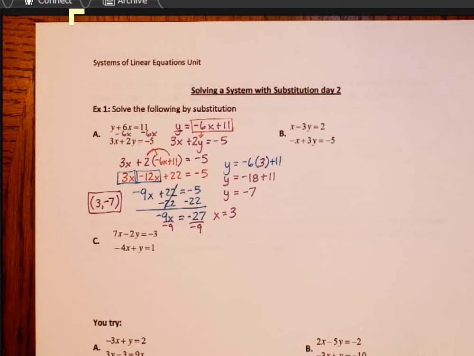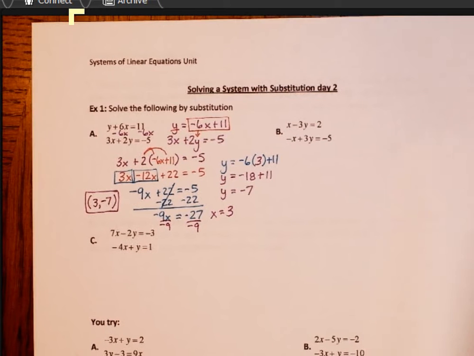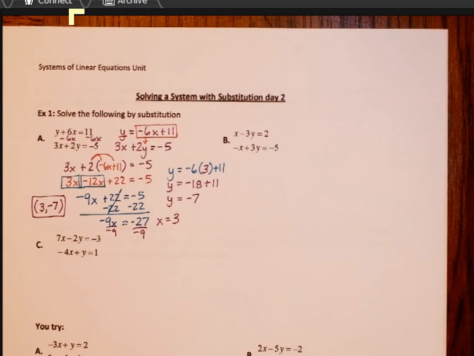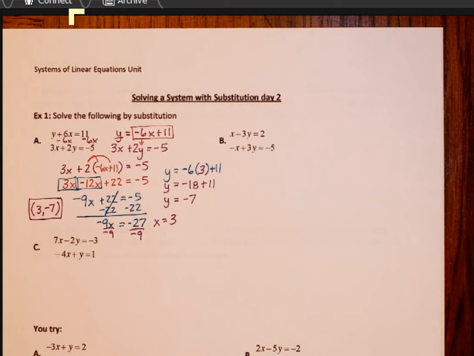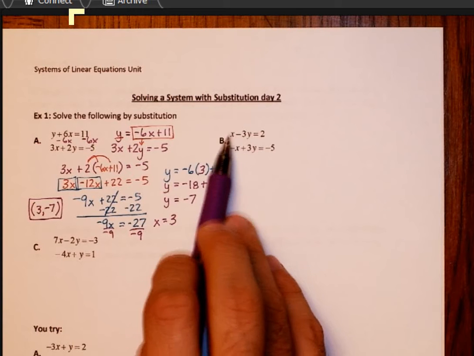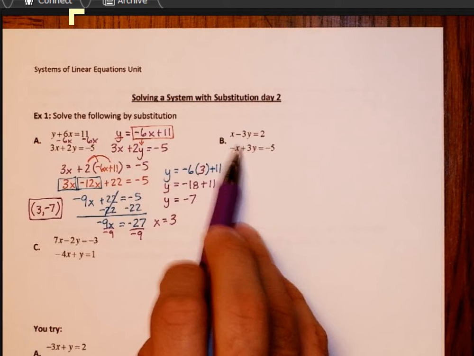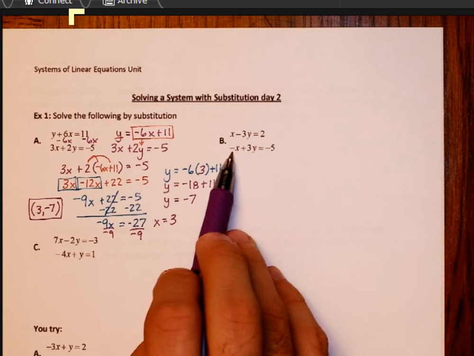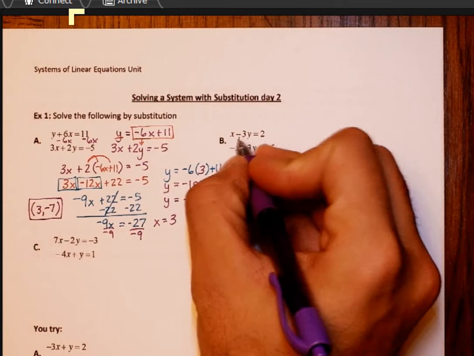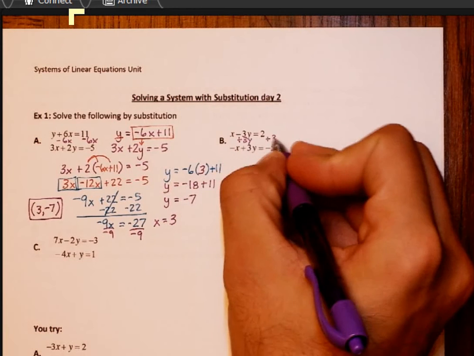In the second problem, B, I'm going to try to attack it the same exact way. I can solve either this top equation for x to get that by itself, or I can solve the bottom equation for x. However, I would have to divide by a negative 1 here. So I'm going to take this top equation to solve for x. So I'm going to add 3y to both sides of the equal sign.